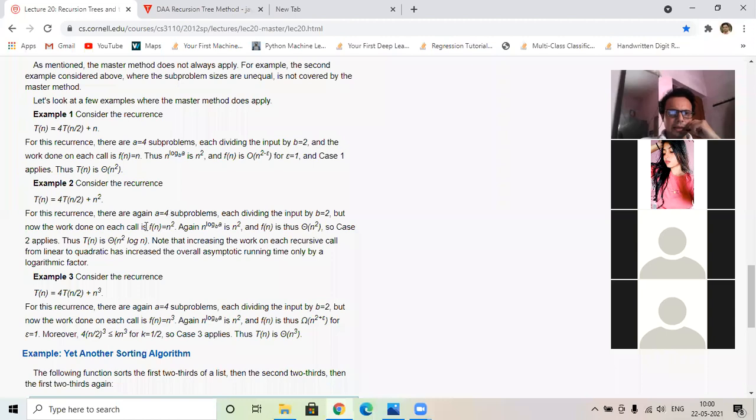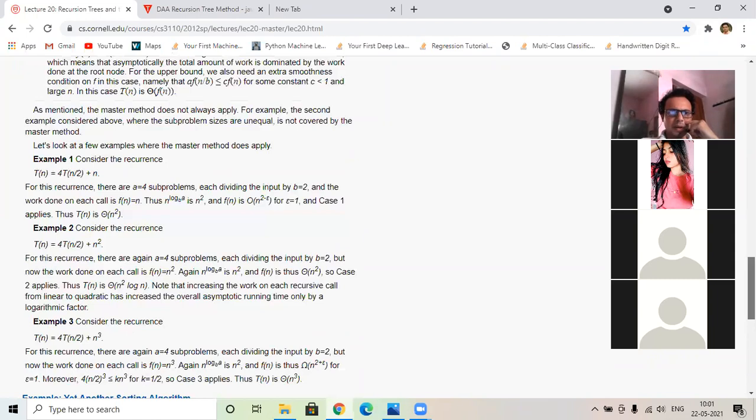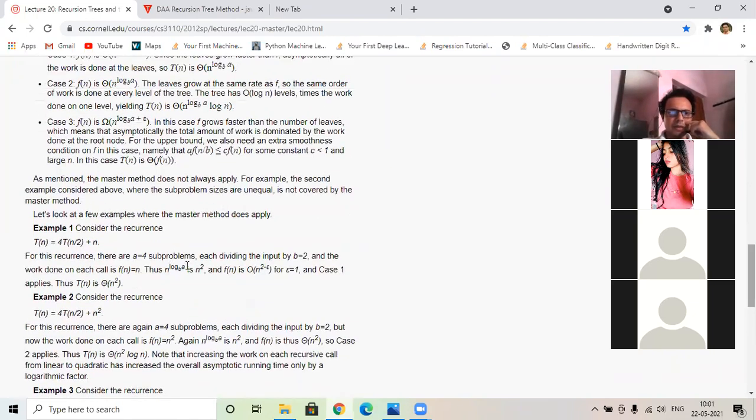Now here A equals 4, B equals 2. Sorry, I am taking example 2. So here A is equal to 4, B is equal to 2, and Fn is equal to n. We have to find n to the power log A base B. So what is log A base B? Log 4 base 2.